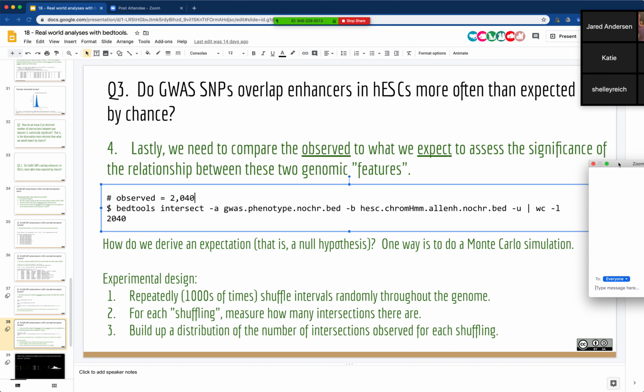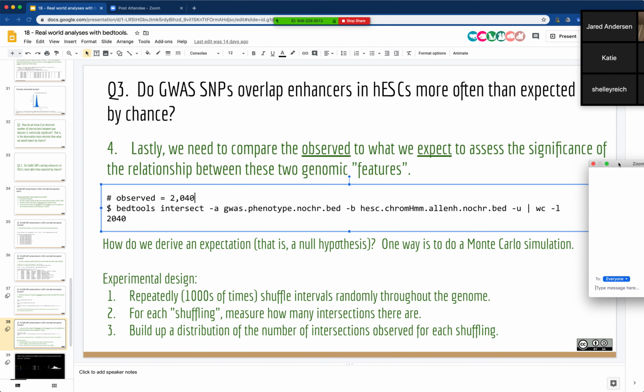We could use a tool to randomly replace them on chromosomes. They have new locations now. We take those new locations, we measure how many intersections there are, and we ask, how many intersections were there? Is it basically 2,040 as we observed, or is it far less or far more?